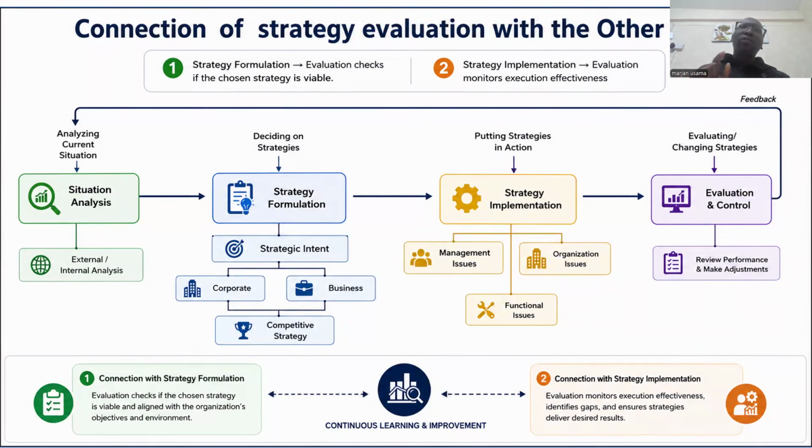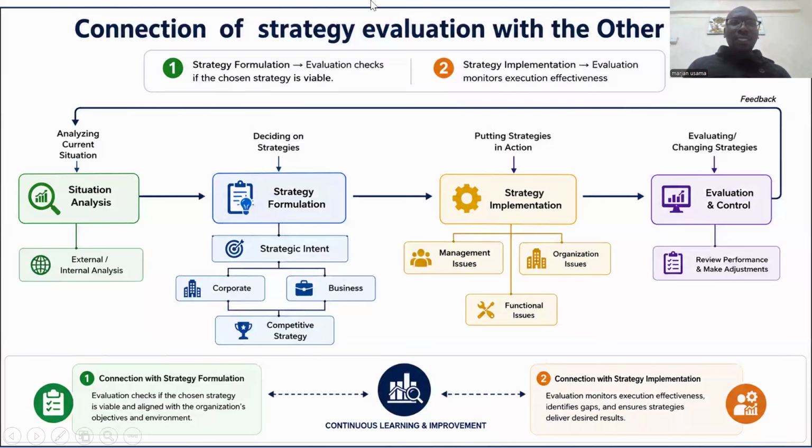So one thing you have to know about evaluation: yes, it is the final phase, but evaluation happens continuously. From the formulation, evaluation is still there. When we are implementing, we are also evaluating. We don't just wait until the end to evaluate. No. We evaluate as the work is going on.